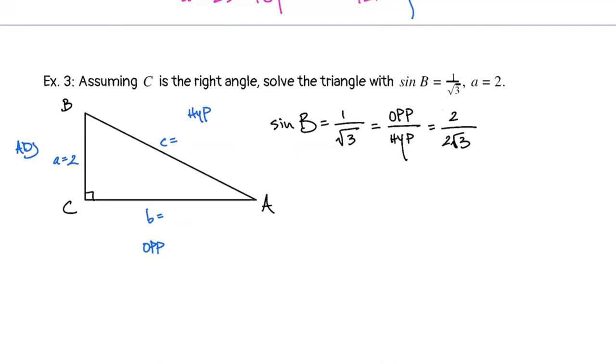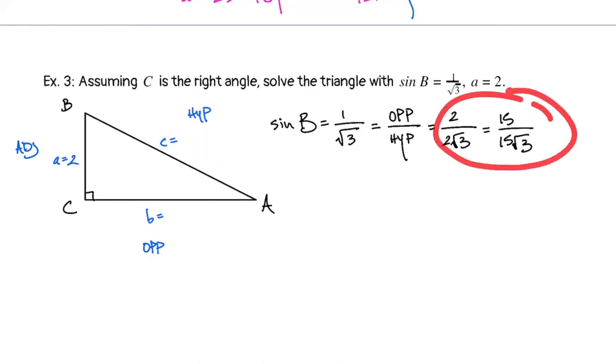That would mean this side is 2 and this is 2 root 3. It could have been 15 over 15 root 3, which would make this side 15 and this one 15 root 3. But I hope we can see that there's a problem, because we don't know if this is the original form or if this is a reduced form.